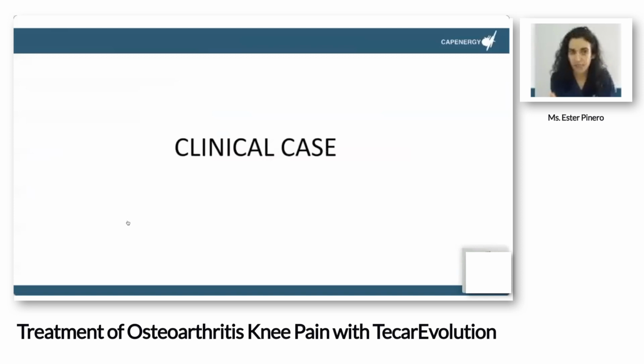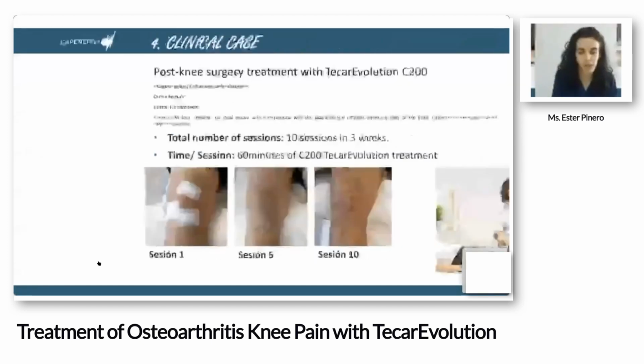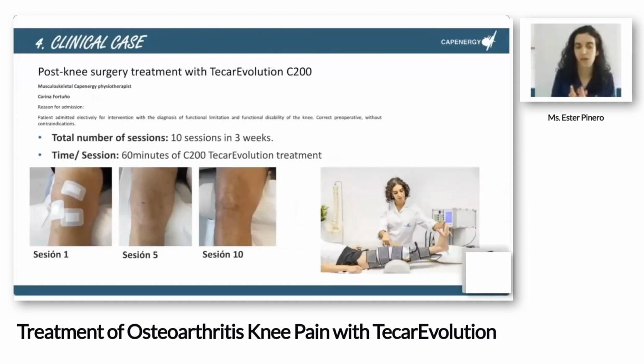I want you to see it in a clinical case because I want you to know very well what we are doing. Here we have a case, a post-knee surgery treatment with a C200 of TECAR Evolution. And here we have a patient that had an intervention because of the non-functional state of the knee.